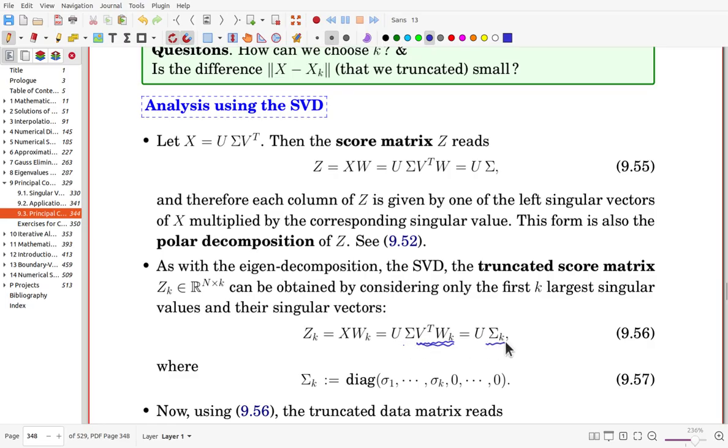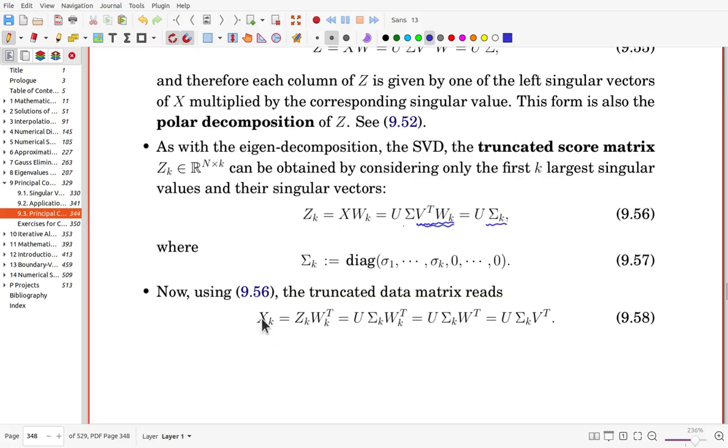We are choosing only sigma K, because the first K component is identity, but the remainder part is 0. Once it's multiplied, it must be the same as that: sigma K is K singular values, and the remainder part is 0. So we reach this one.